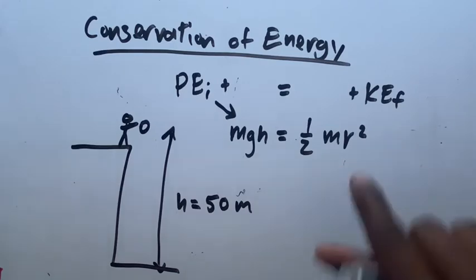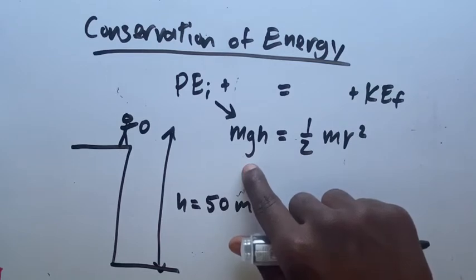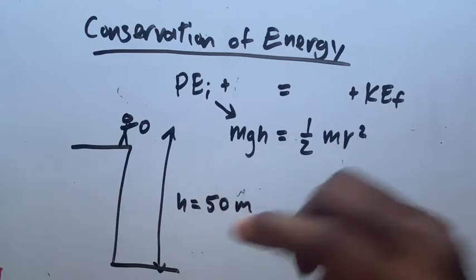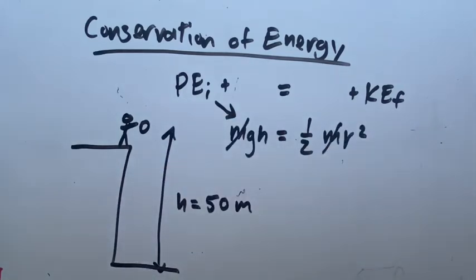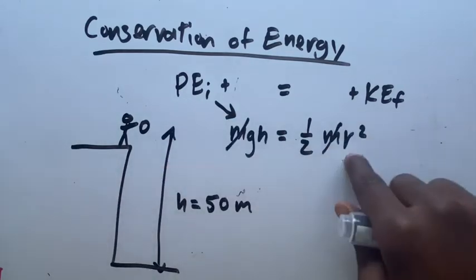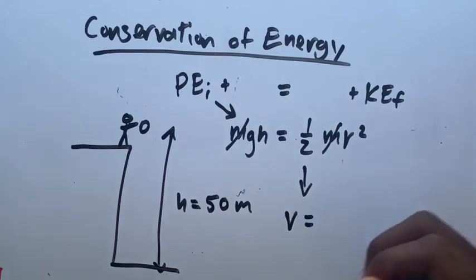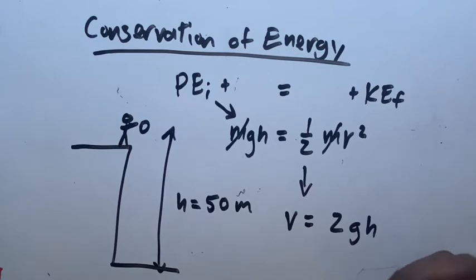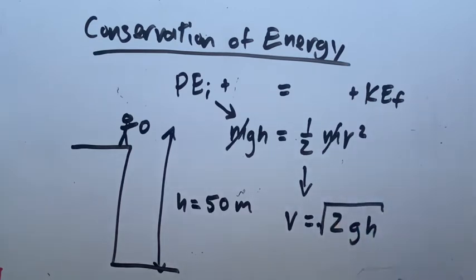We know g is the acceleration due to gravity, and we can cancel out the mass on both sides because the mass is the same initially and finally. So v is going to be, multiplying 2 over, 2gh, and then we also have to take the square root because v is squared. Boom. So the velocity at the bottom is going to be the square root of 2gh.